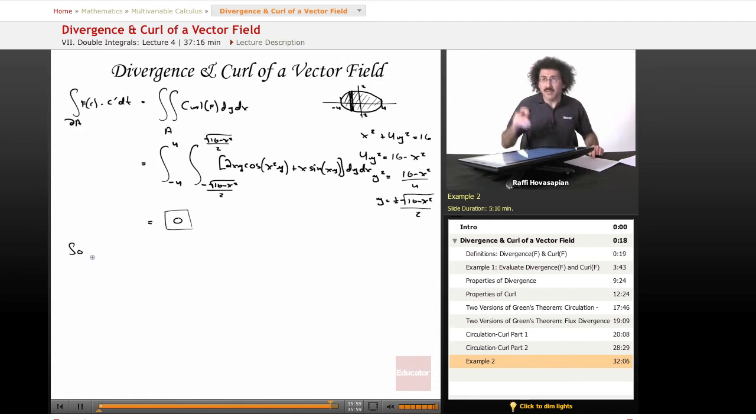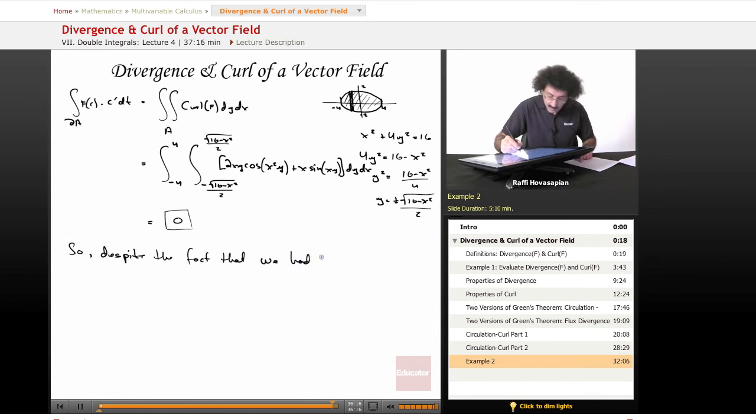So, this is what's interesting. Remember, we found the curl at a certain point. The curl was negative. So, despite the fact that we had the curl of f evaluated at the point pi over 2, 1 was equal to negative 0.879, the net curl equals 0.